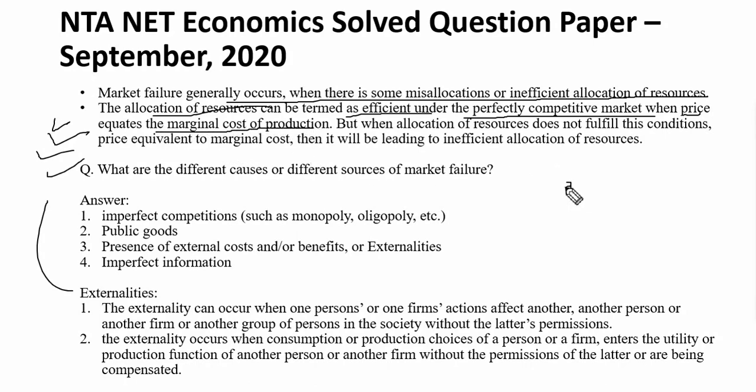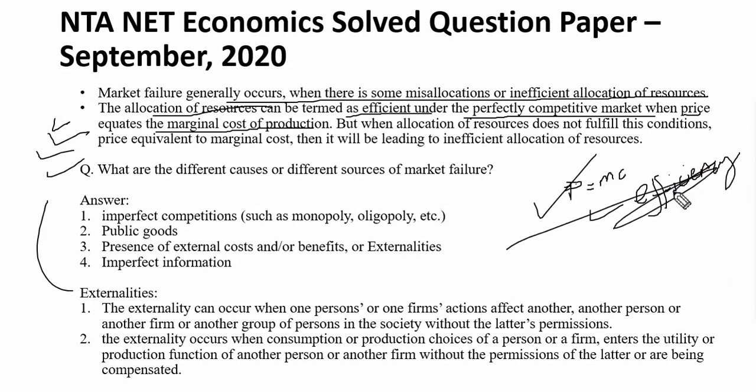So P equals MC. That's the condition of perfect competition. So in that case, there is efficiency. However, when this condition is not fulfilled, then there is an inefficient allocation of resources.